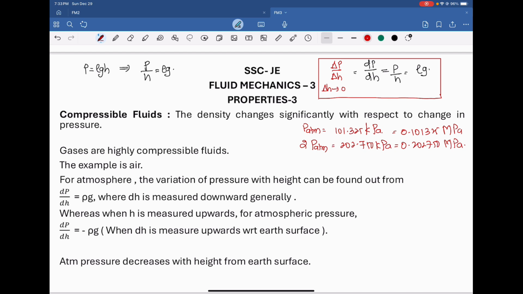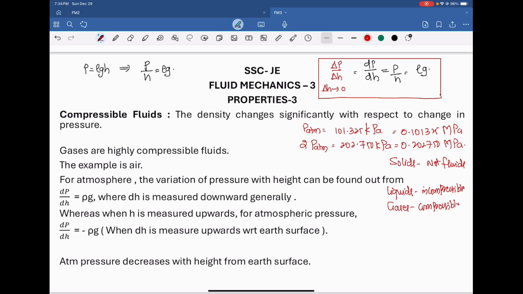When we come to liquids, next stage in the order of crystalline structure, liquids are incompressible and gases are compressible.